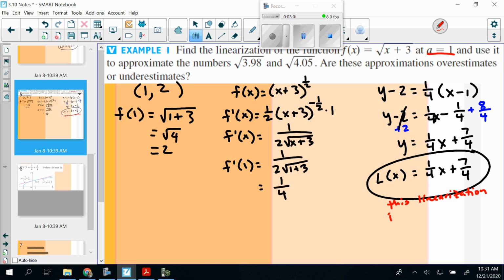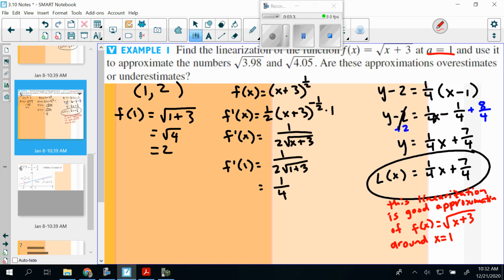is a good approximation of the function f of x equals square root of x plus 3, but only around x equals 1. If we're near 1, it's a good approximation.